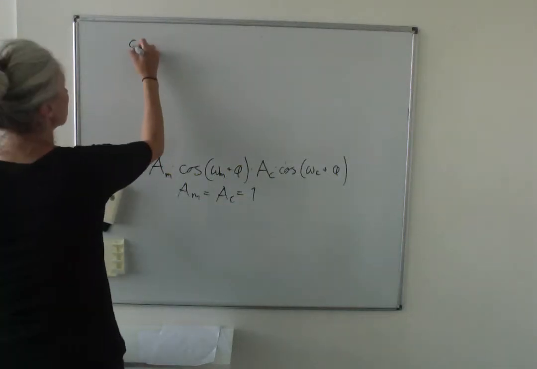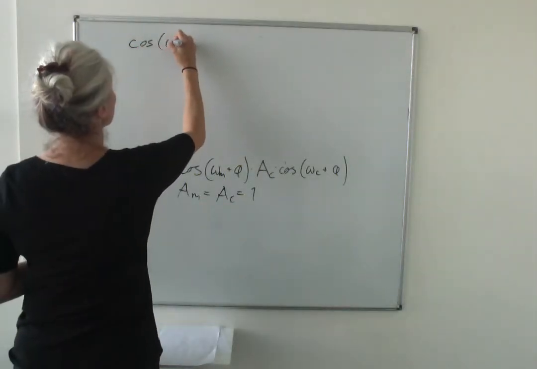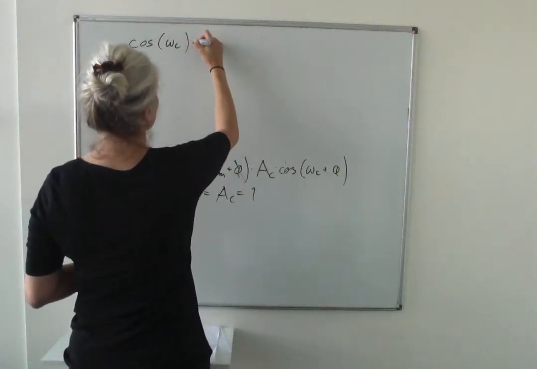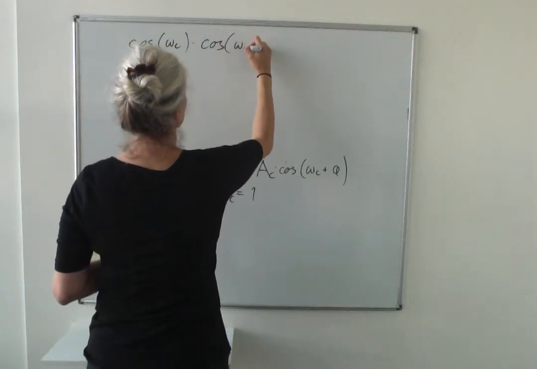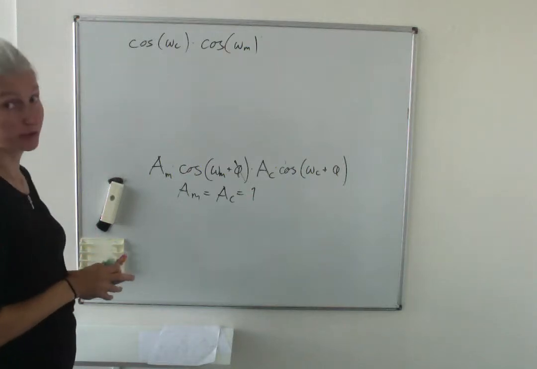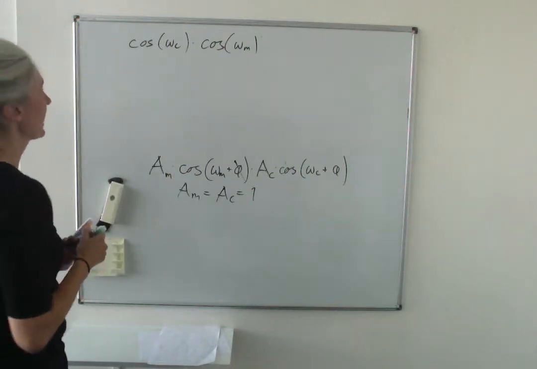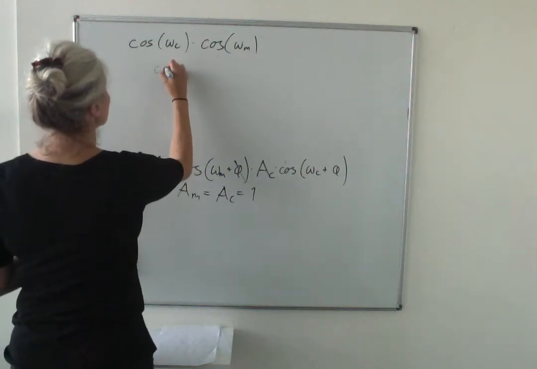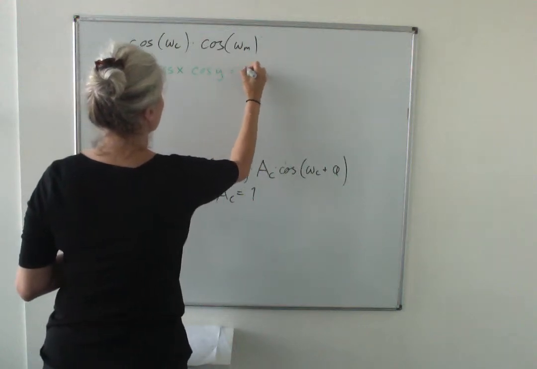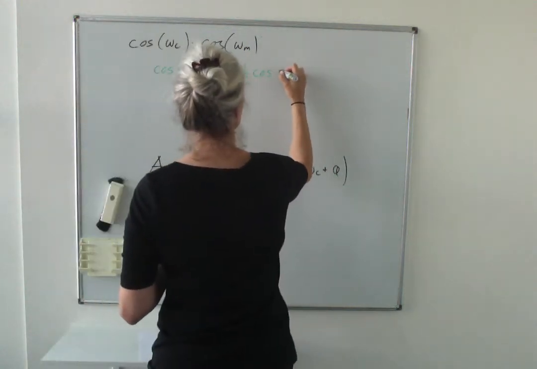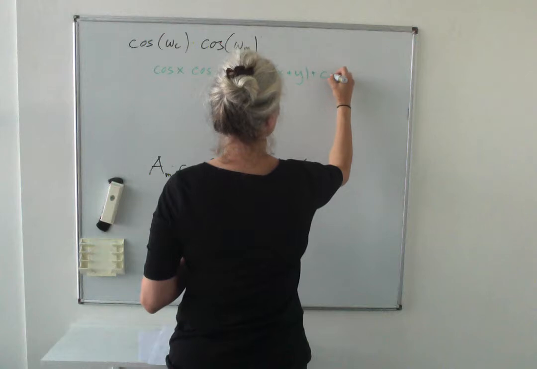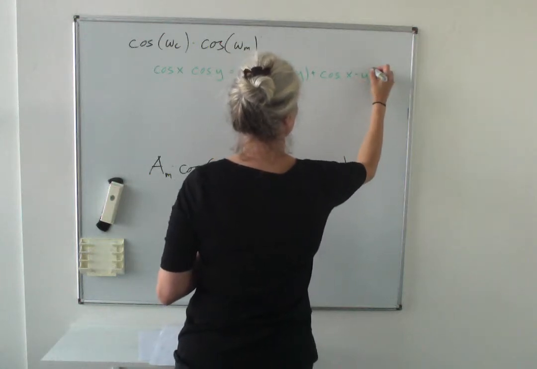So we have cos omega C, and I'm going to skip this one as well, times cos omega M. Now, if you know your trigonometric identities, there's a very handy expression that says that cos x times cos y equals half cos x plus y and cos x minus y.